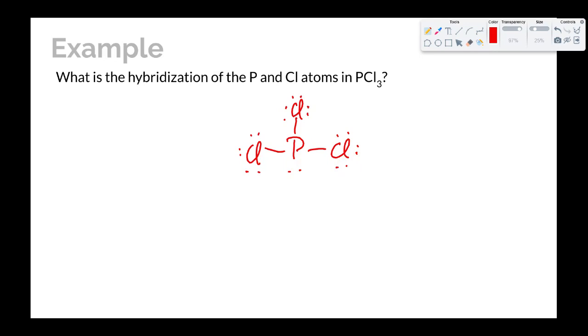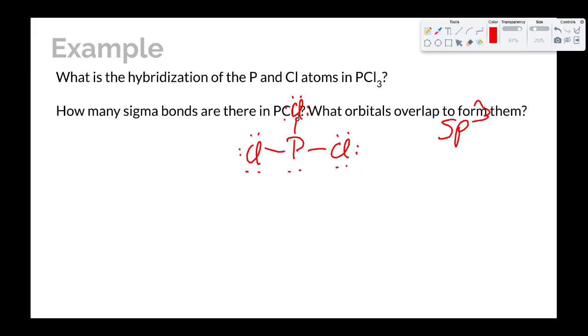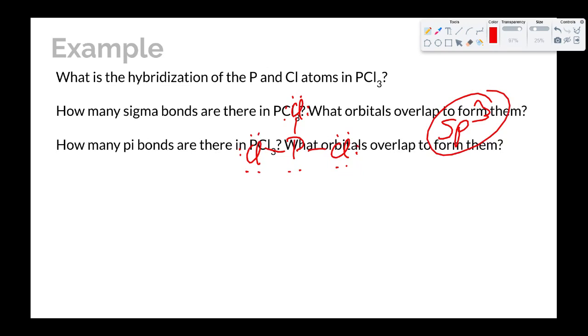So all of them are sp3 hybridized because you have to have 4 hybrid orbitals. How many sigma bonds? Well, there are 3 sigma bonds because there are 3 bonds. What orbitals overlap to form them? Well, it's sp3, sp3 overlap. How many pi bonds? There aren't any because all of these are single bonds.